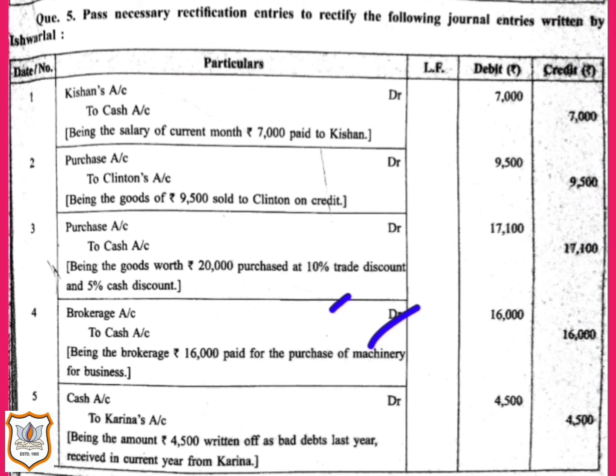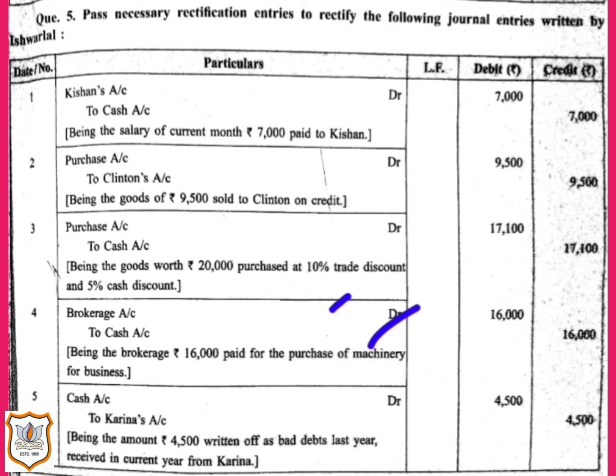So to rectify this error, we will apply the two principles, that is do what is correct. According to this principle, machinery account should have been debited, as 16,000 is the amount which is paid for the purchase of an asset, that is for purchase of machinery. So it should have been debited to that respective asset account, that means the machinery account.